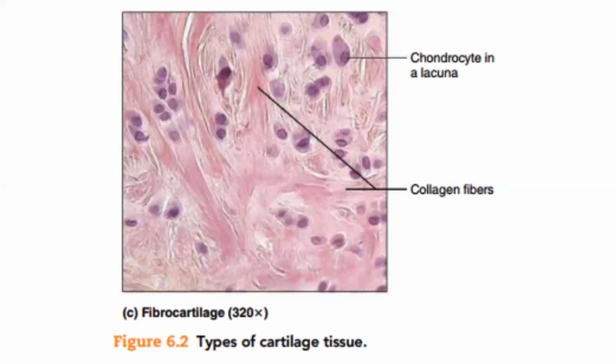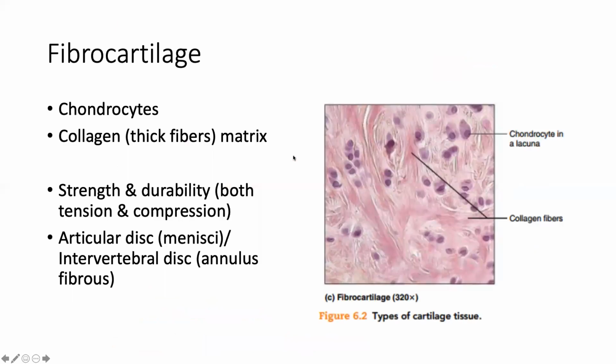Fibrous cartilage, as we can see, is like looking from a satellite at a storm coming into the shore. You can see the big, strong, fibrous collagen fibers coming in. And you can see the cells, chondrocytes, here.